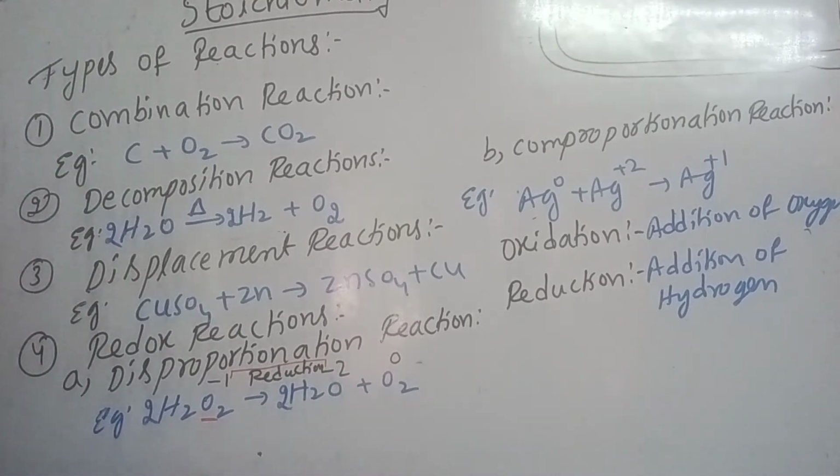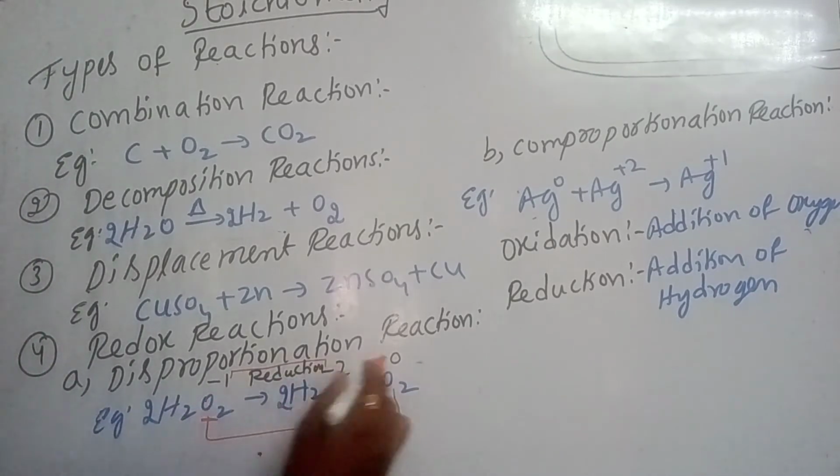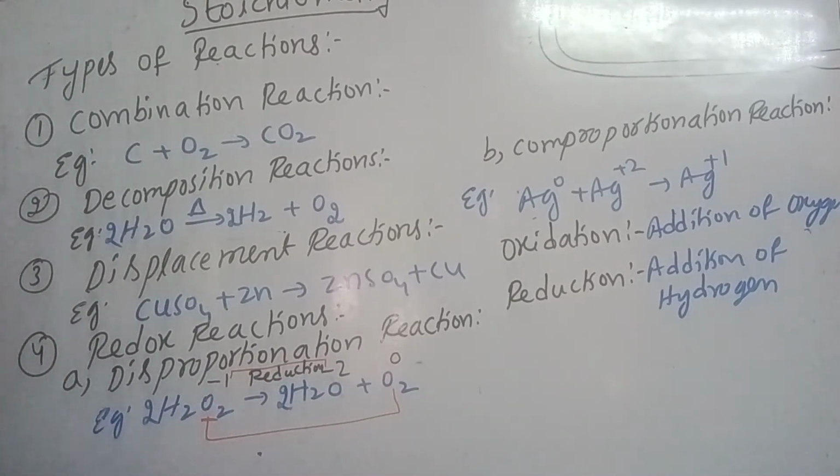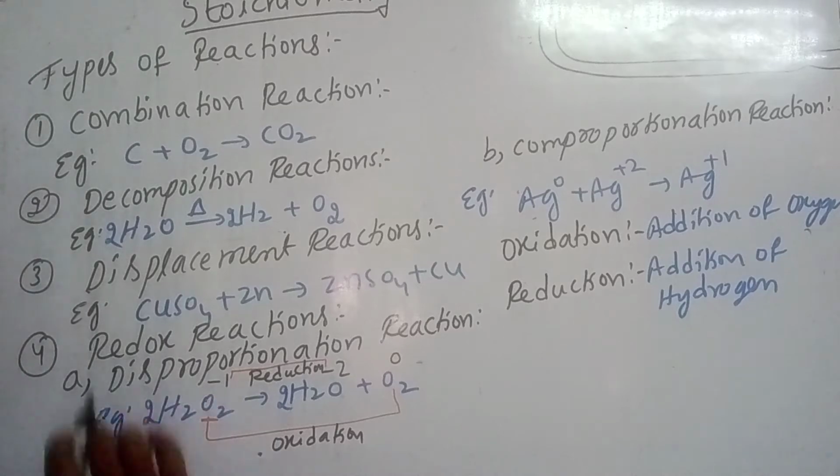And the oxidation state of oxygen also increases from -1 to 0; an increase in oxidation state is called oxidation. So only one element of the reactant participates in both reduction and oxidation. Such a reaction is called a disproportionation reaction.